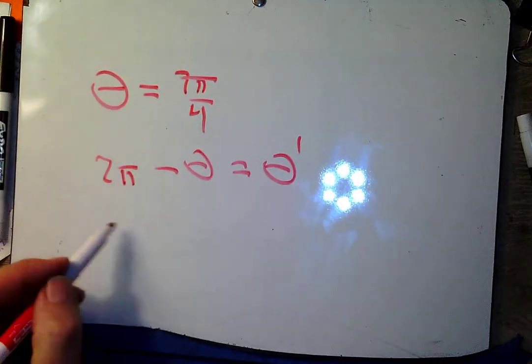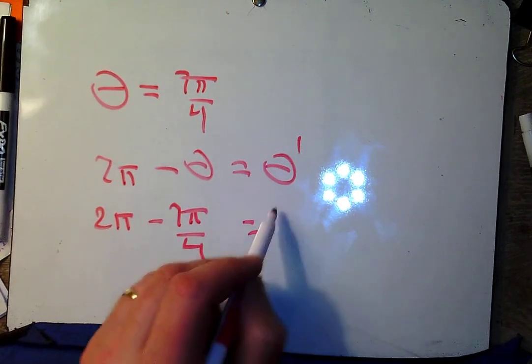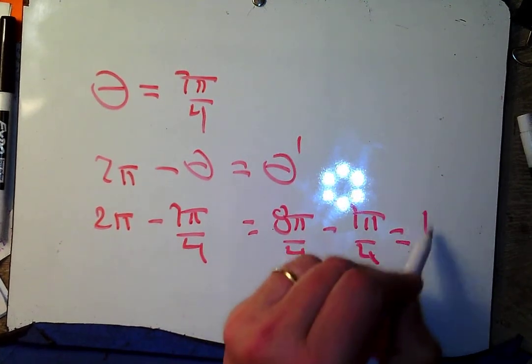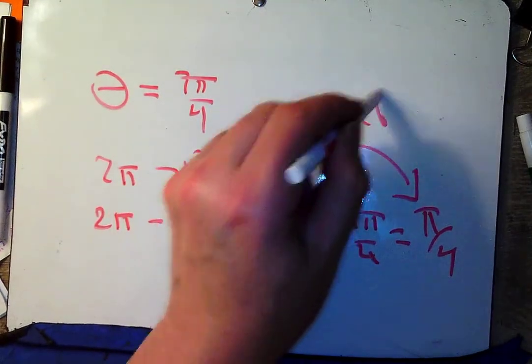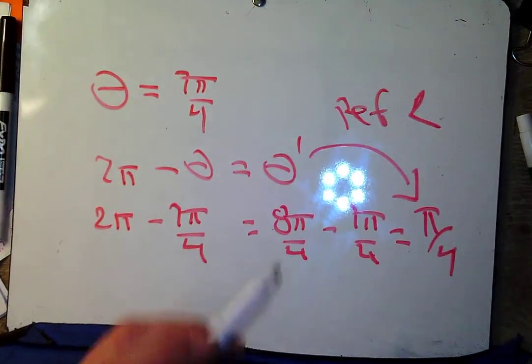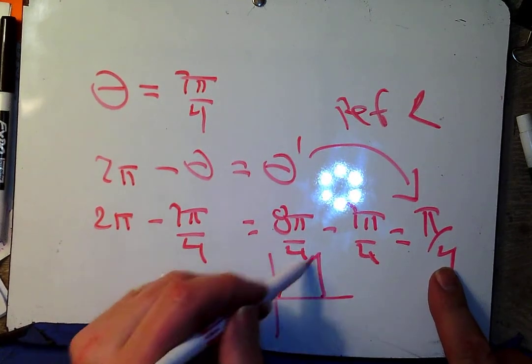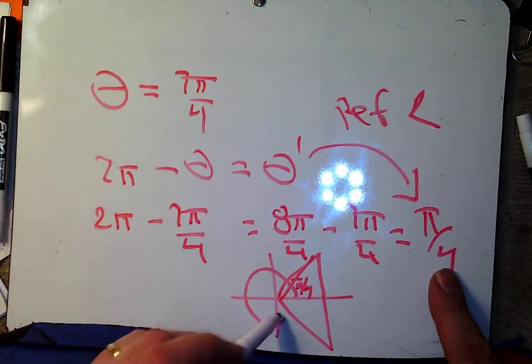Well, there's my theta. And so I have 8 pi over 4 minus 7 pi over 4. It's pi over 4. Theta prime, the reference angle, is pi over 4. Here's that 7 pi over 4.